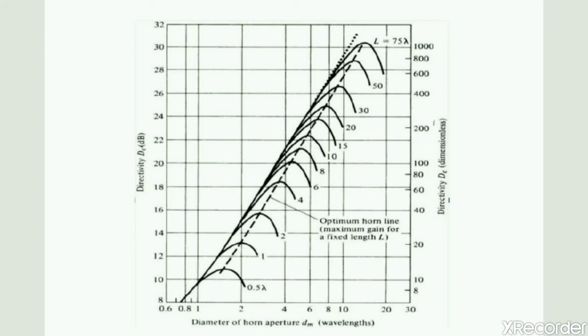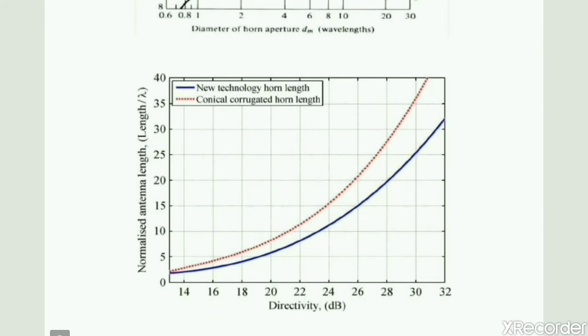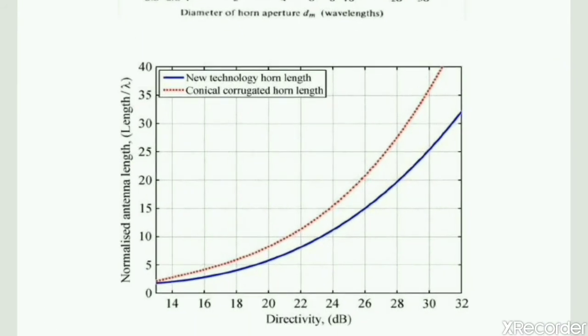The next graph is of the directivity versus normalized antenna length. There are two plots: the blue one is the new technology horn length, and the other, red in color, is the conical corrugated horn length. So we can see the relation between directivity and normalized antenna length.